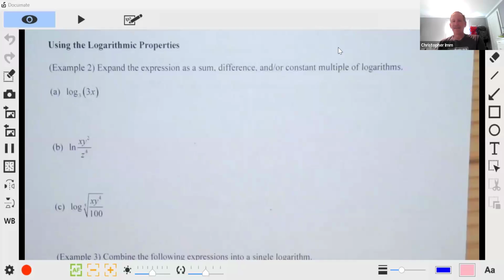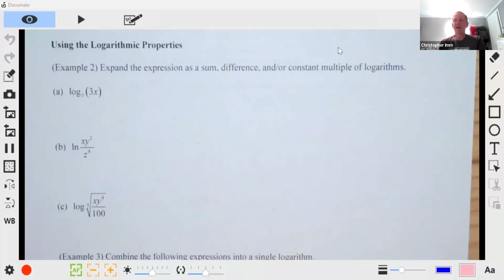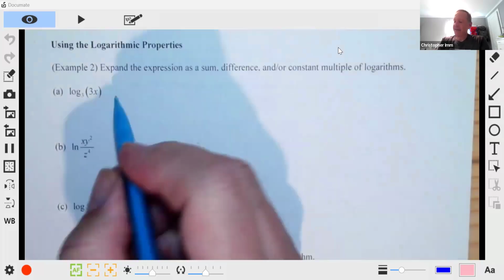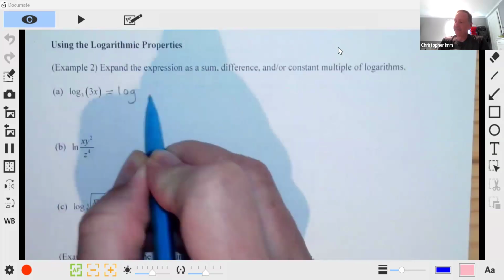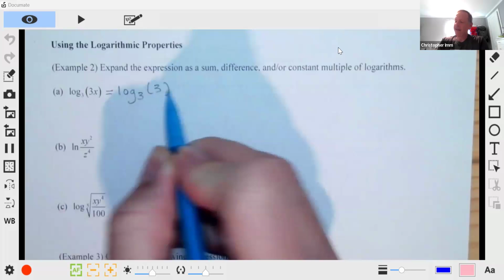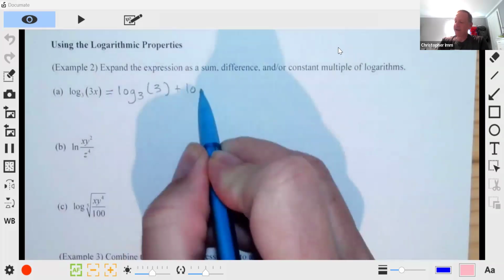The first set of examples here are just going to be breaking these logs apart. So we're going to be using those 3 log properties to break these apart. We also might use these other properties. I see I have a multiplication here, so I'm going to rewrite this as log base 3 of 3 plus log base 3 of x.